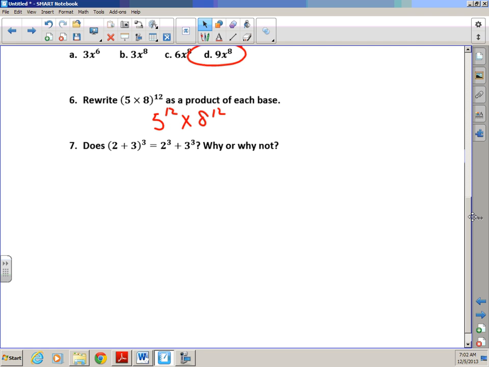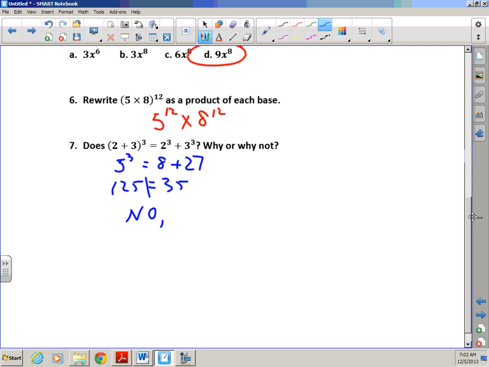The right side is telling you to do the exponent and then add. So let's just do the math. This would tell me to do 5 and then cube it. This would tell me to cube 2 and cube 3. And you'll see that you get 125 on that side and 35 on the other. And that does not work.